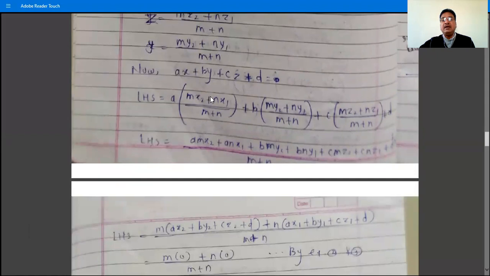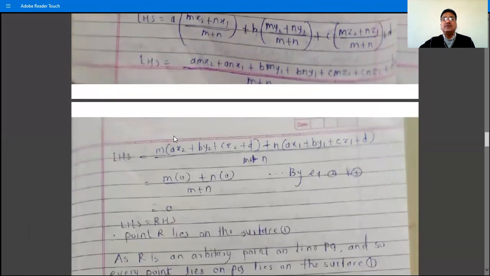So we have a multiplied by mx2 and nx1, b multiplied by these two terms, c multiplied by these two terms, plus d in bracket (m + n), because m + n is the LCM.